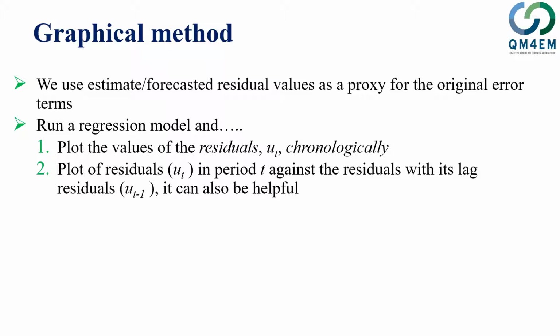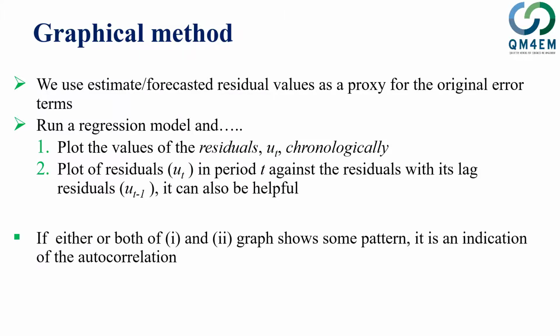It's the value of the same variable measured in the previous period. In our previous lecture, I talked about it, so I won't repeat the whole theory here again. But in Eviews, it's very easy to calculate or to obtain the lag value of a variable. I will show you that in the Eviews section.